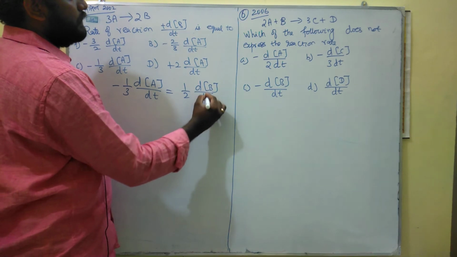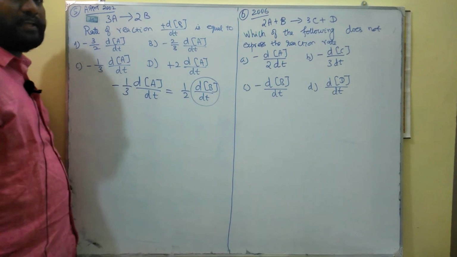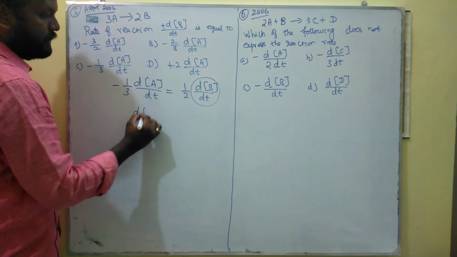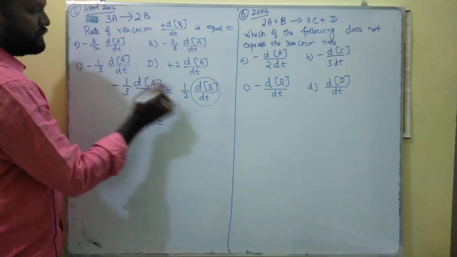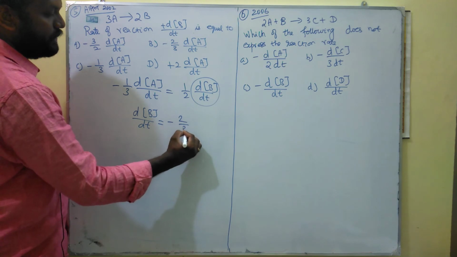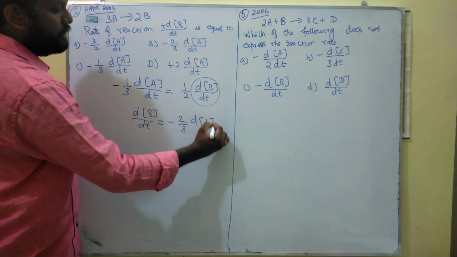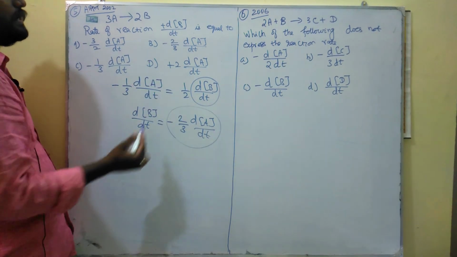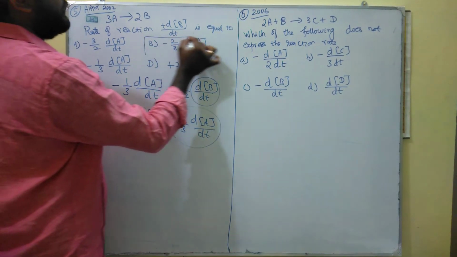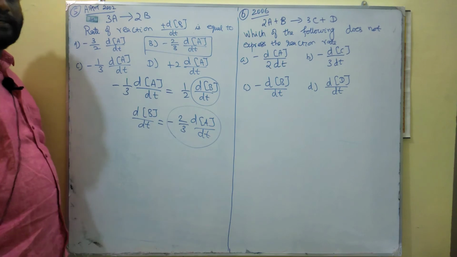We need the expression for d[B]/dt, so 2 comes to this side: d[B]/dt is equal to minus 2 by 3 d[A]/dt. So the answer is minus 2 by 3 d[A]/dt.